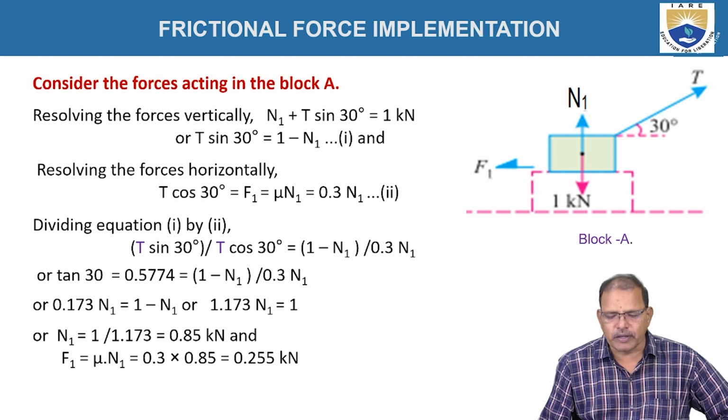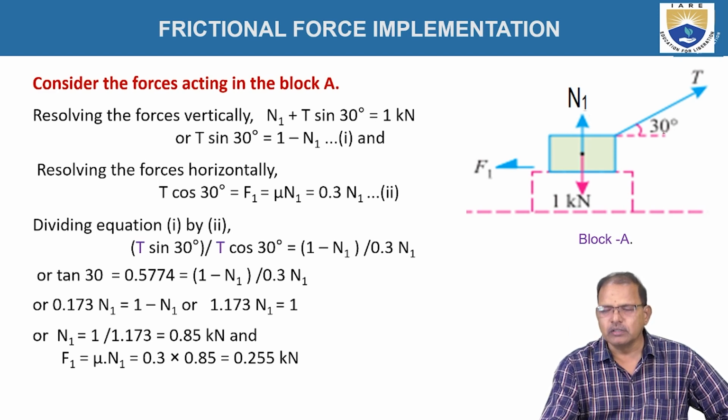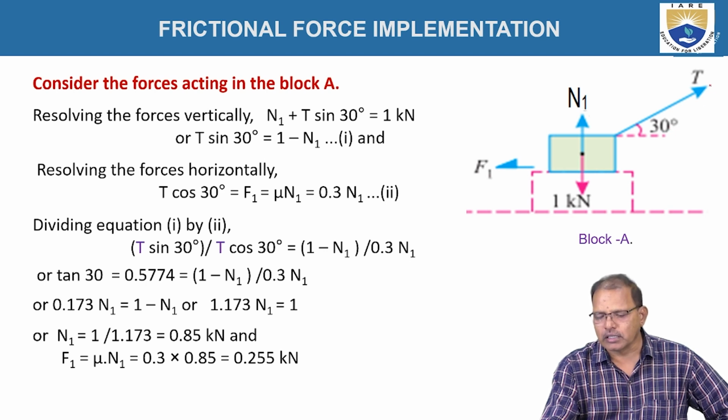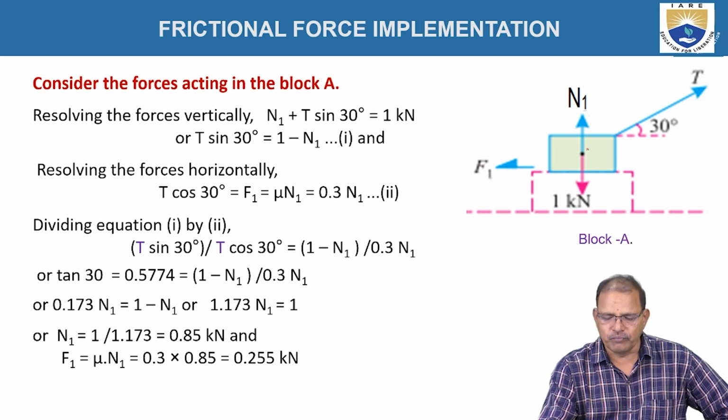When I am drawing the free body diagram for block A, the forces acting on block A are: the force T acting at an angle of 30 degrees, N1 acting in the upward direction, and the weight acting downward.